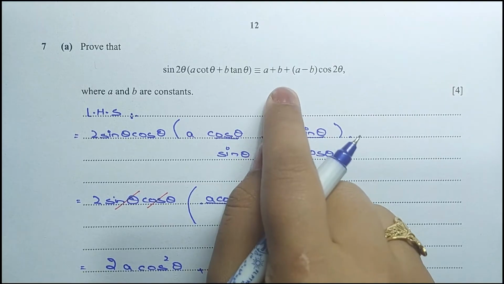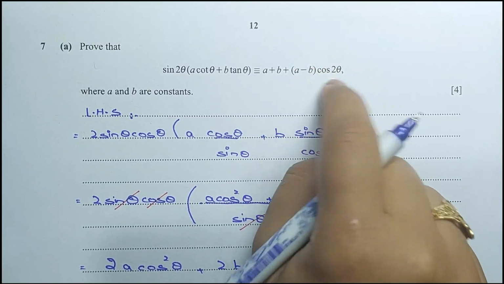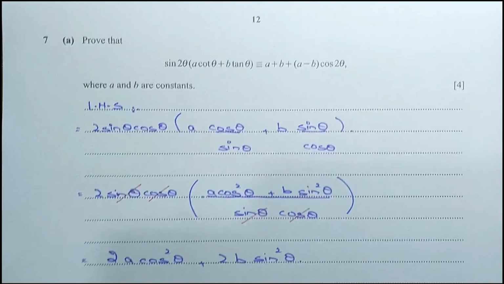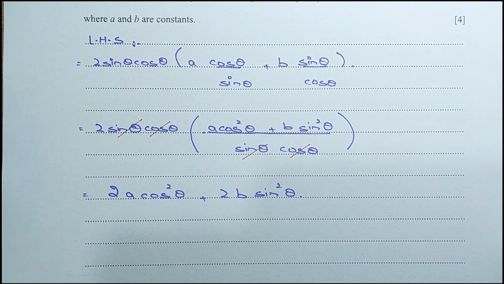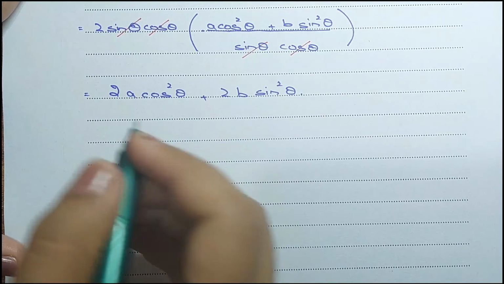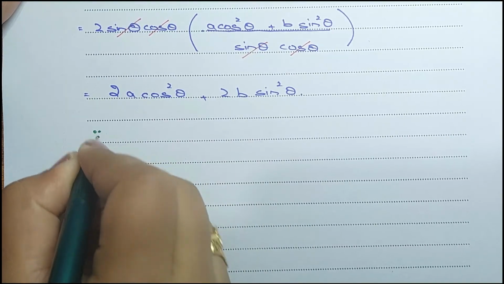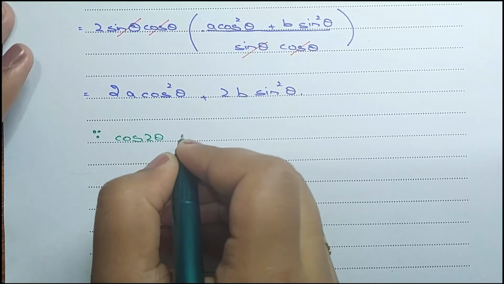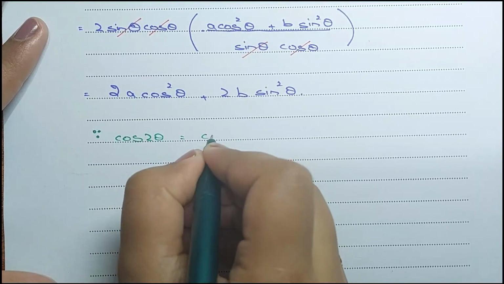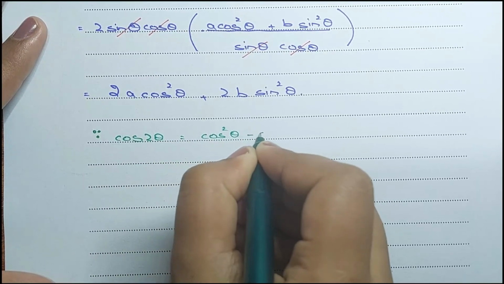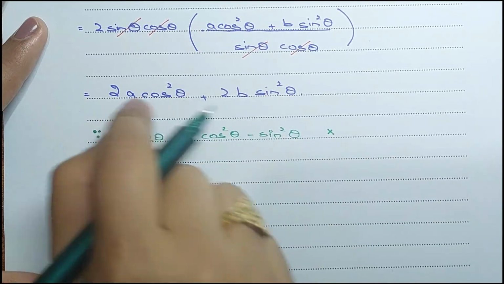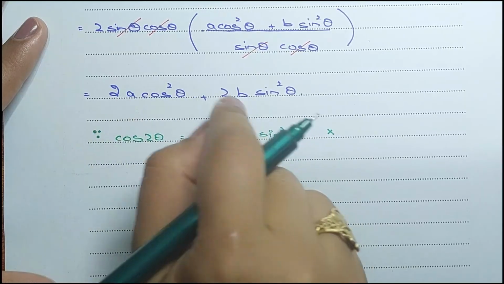Okay, now as you can see, our right hand side is in terms of cos 2 theta. So we have three identities of cos double angle. Let me write down the identities. cos 2 theta is, the first identity, cos square theta minus sine square theta. This identity we cannot use over here, since we have 2 cos square theta and 2 sine square theta, but we have a and b as well.